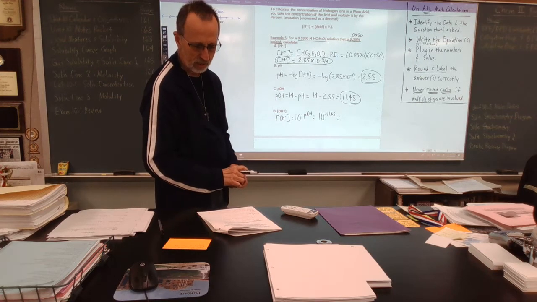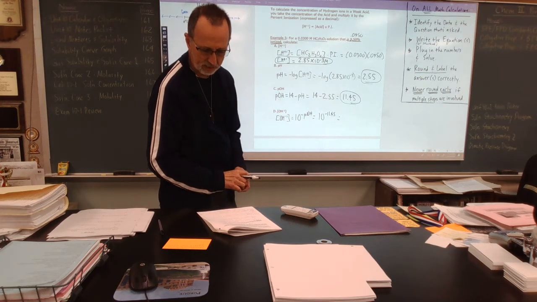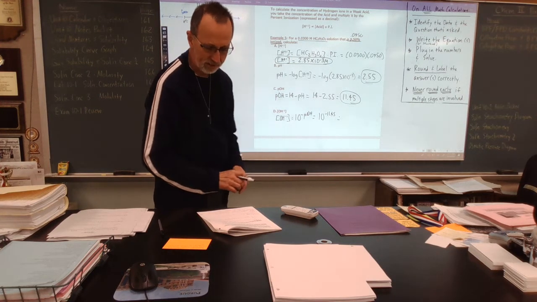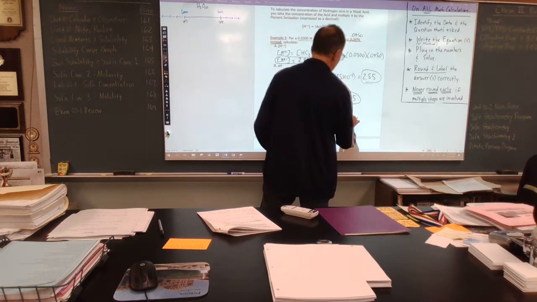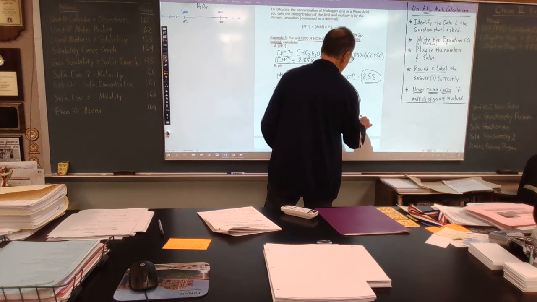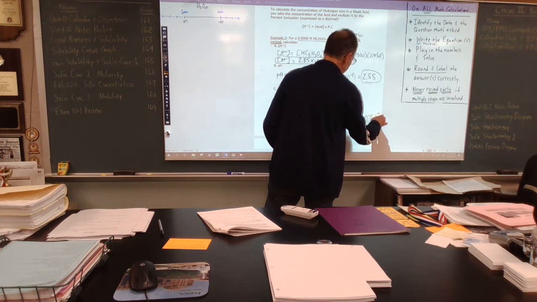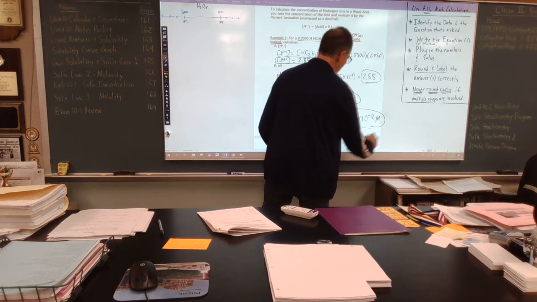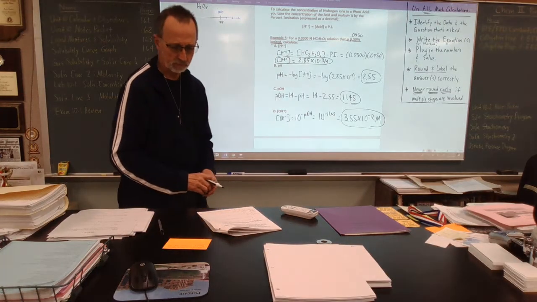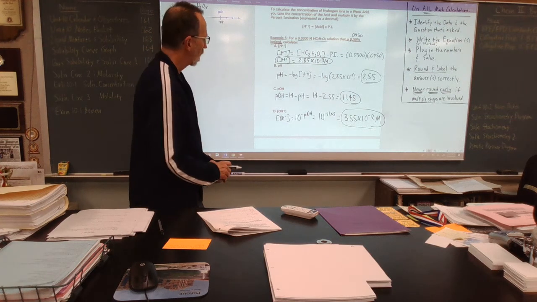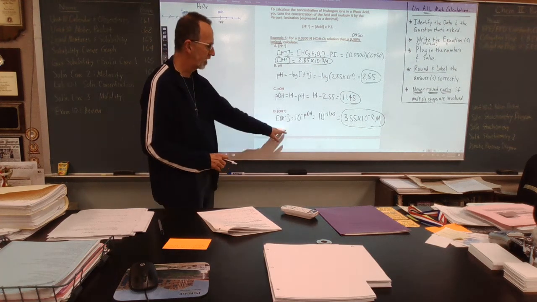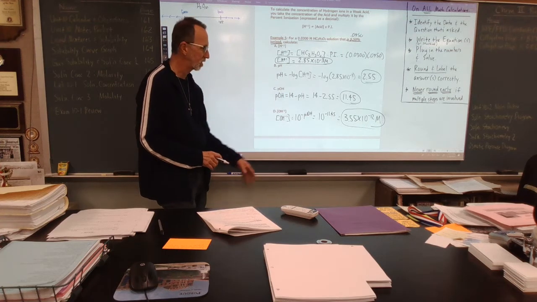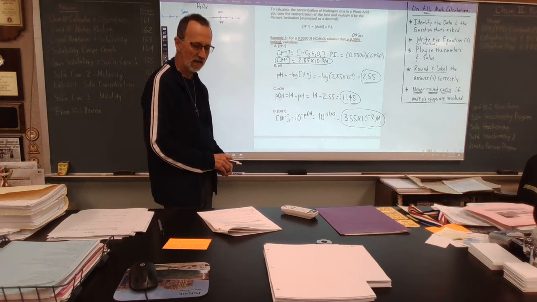And again, to 3 sig figs, based on our original data, 3.55 times 10 to the minus 12 molar. We could have done this the other way, like I showed you a few minutes ago, and I'll leave that up to you as to how you want to do it.